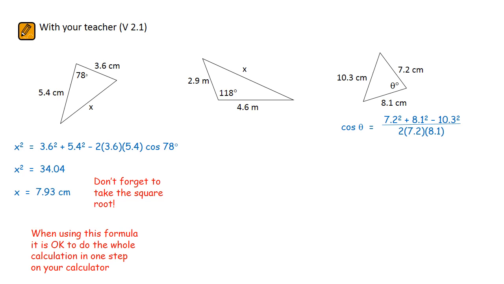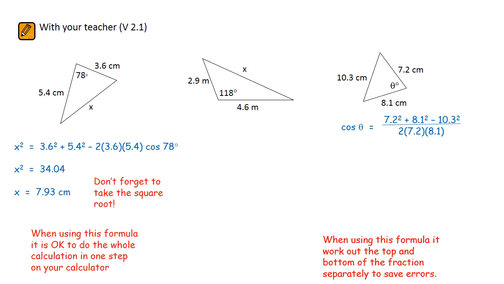Now when you do this, I strongly recommend that you, if you're doing it on your calculator, do it in several steps. Don't try and do the whole thing all in one step on your calculator, or you'll surely be led into error. Work out the top line first and then the bottom line separately. Write them both down and then do the rest of the steps on your calculator.